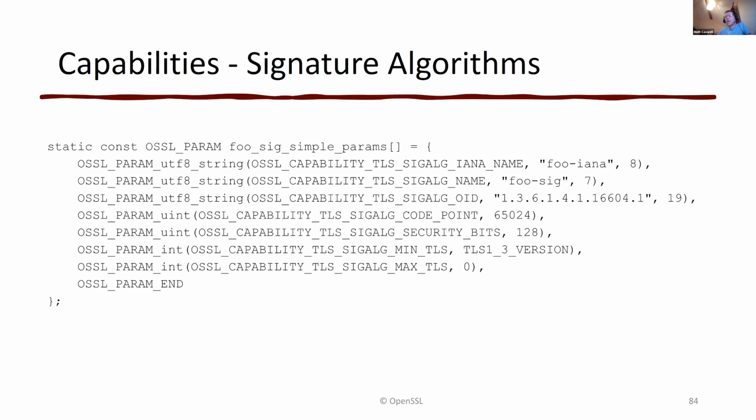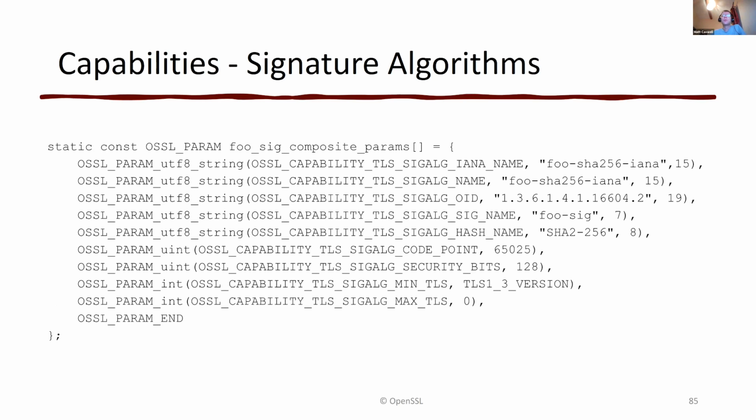It's got 128 bits of security, and the minimum TLS version it supports is TLS 1.3. For plugged-in signature algorithms, we only support TLS 1.3 or above. Well, TLS 1.3 because we only support TLS 1.3 at the moment. But in the future, if TLS 1.4 came along, we'd be able to support that as well.